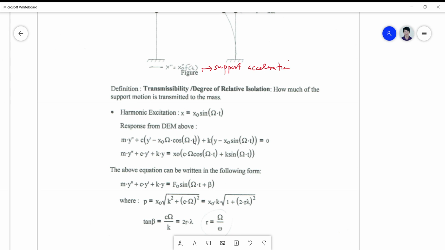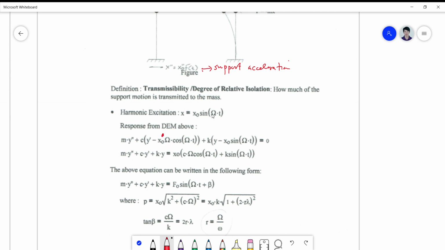Okay, so this is now your harmonic excitation in terms of velocity. I think there is an error here, this must be x. Okay, x0 prime.